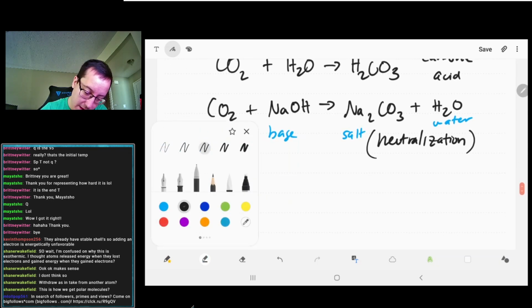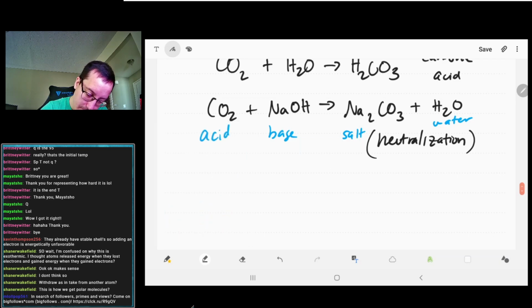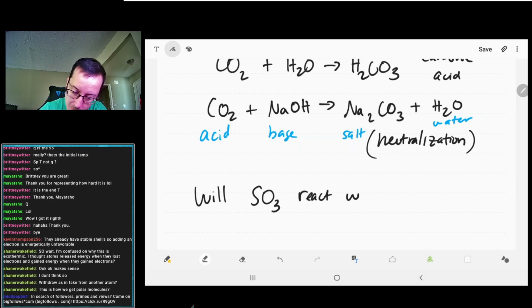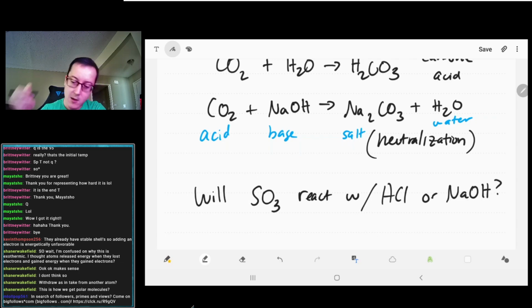So, if we had to choose one of these to react with SO3, which one do we think is going to be the ideal one here? Yeah, right.